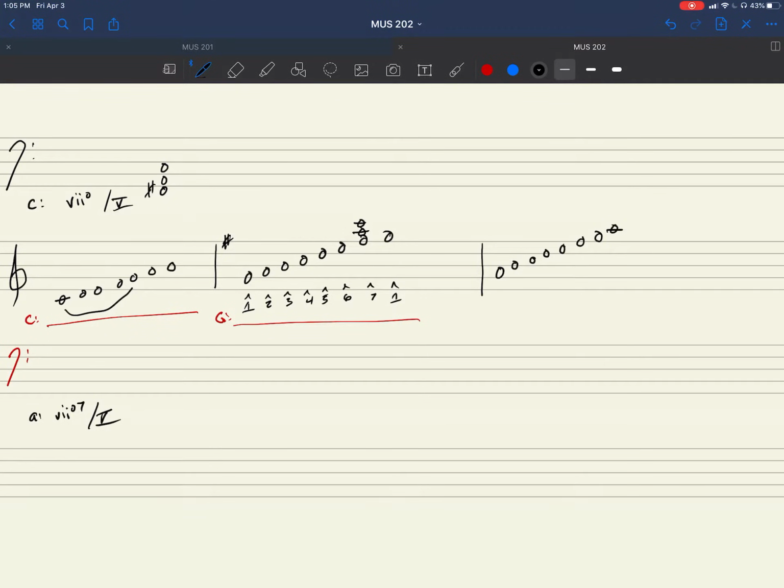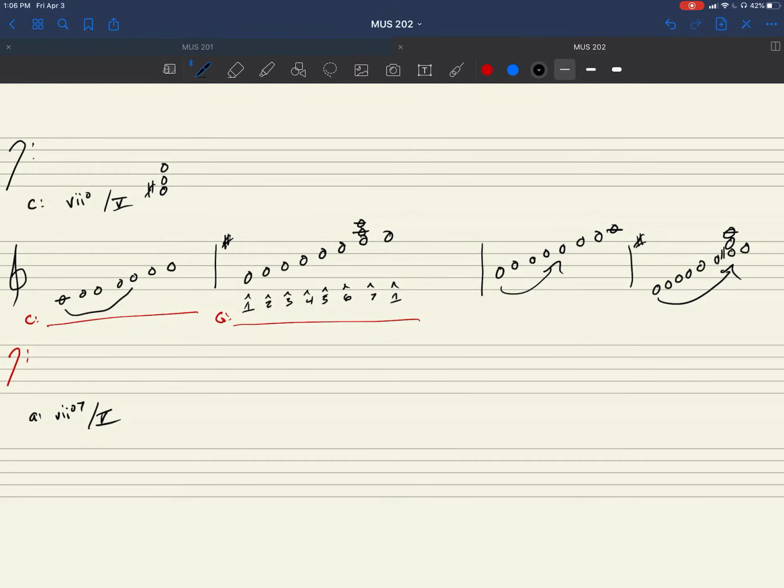Okay, then you go to the 5th scale degree, so that's E. So we're going to now write a scale in E minor. And then we have to go to the 7th scale degree of E minor. So that is going to be D, F sharp, and A. But remember, we need our leading tone.